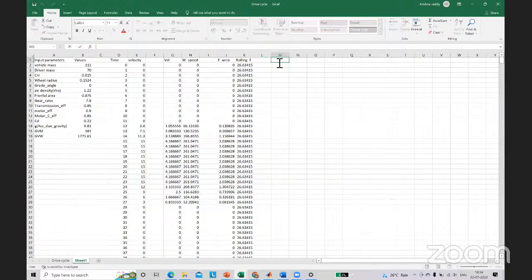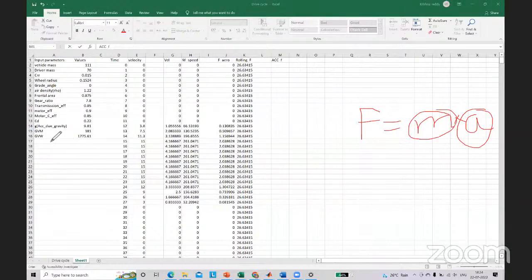Now we'll calculate the acceleration force, ACC F. Force F is equal to m into a. So acceleration multiplied with the mass, that is GVM, gross vehicle mass.